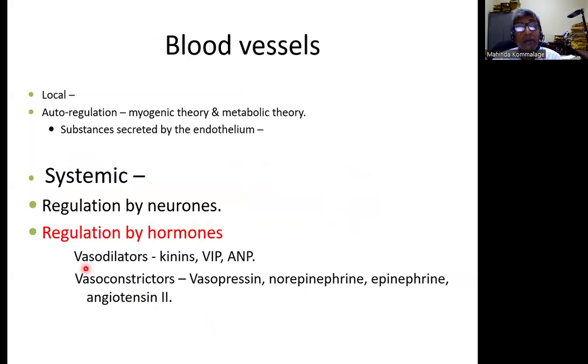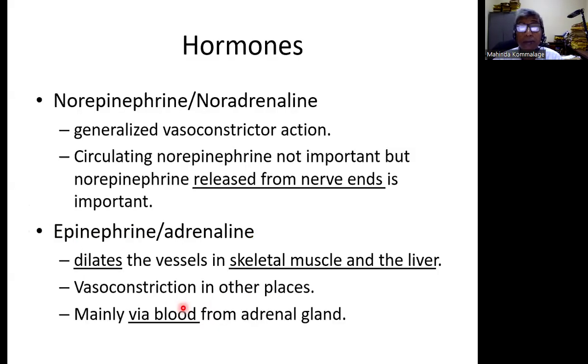I already explained vasodilatory hormones. We have vasoconstrictor hormones, right? They will be secreted from distant places and come through the blood. They will come to the target area and activate the receptor on smooth muscle, basically, smooth muscles of the blood vessels, right?